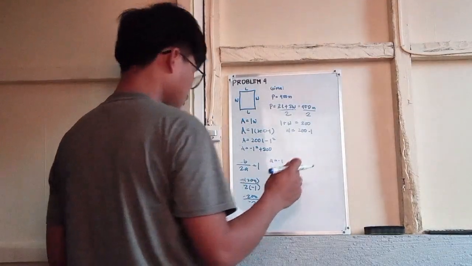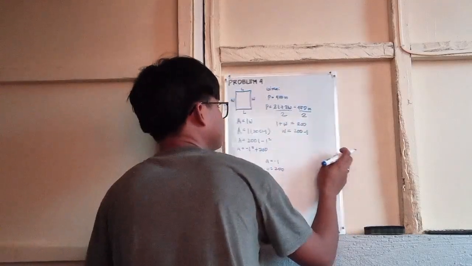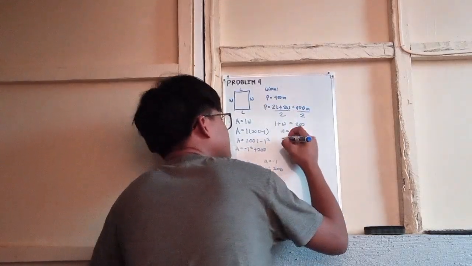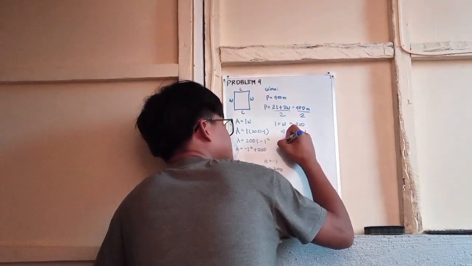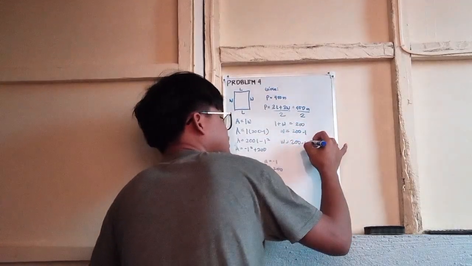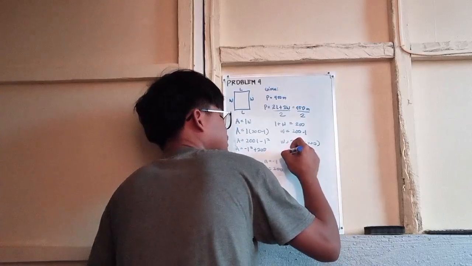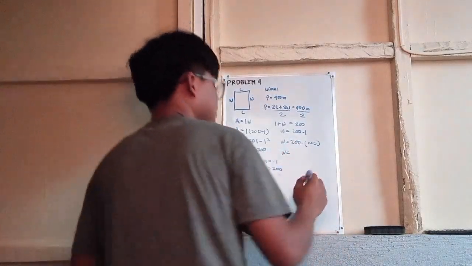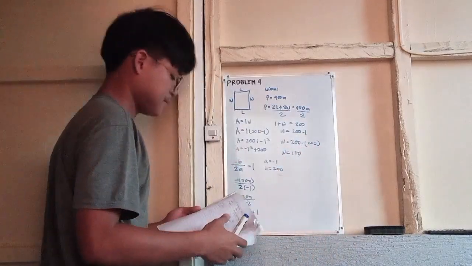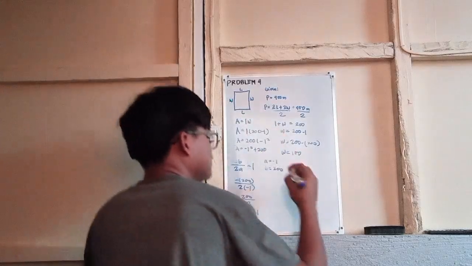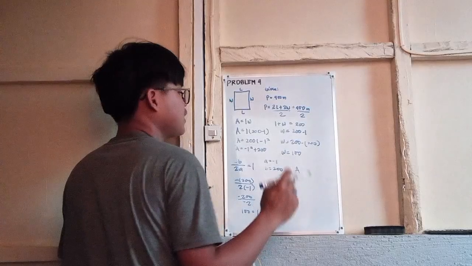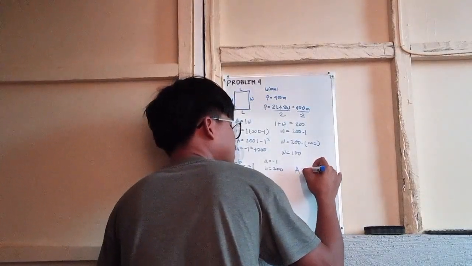Then you will return to this equation so that you can get the value of the width. So substitute the value of L, which is 100. We can get the value of the width, which is also 100. Then you will go back to getting the area of the rectangle, which is L times width.